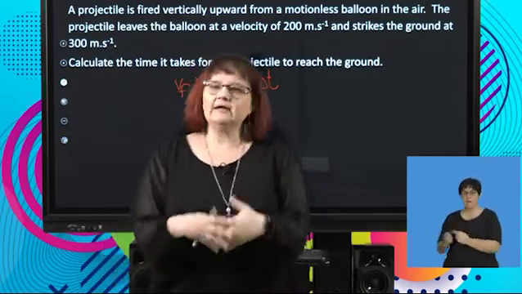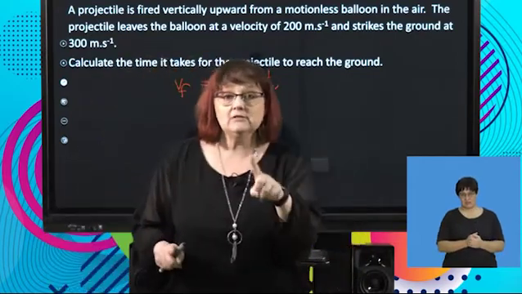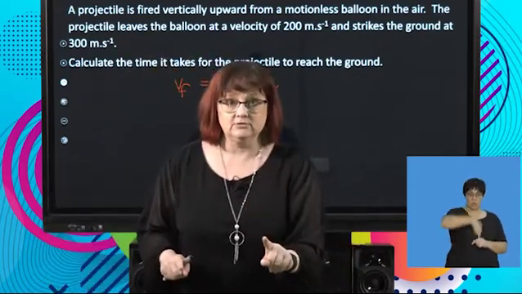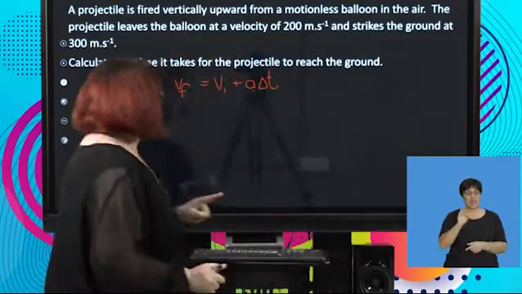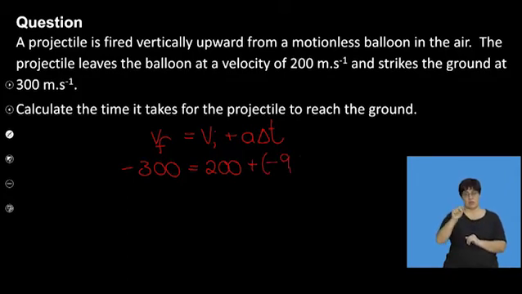If you carry it down, they'll mark it anyway, but we want to try avoid that. We still can't forget about our directions. VF is still minus 300. VI is 200. A is minus 9.8.